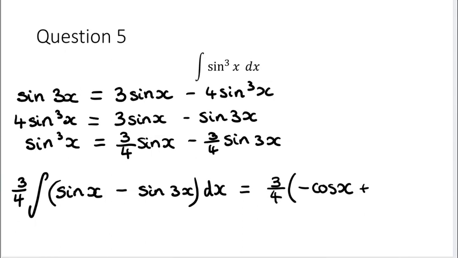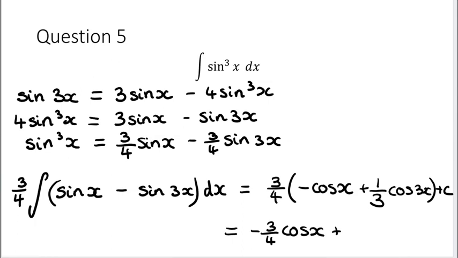But don't forget that the coefficient of x is 3, so you need to divide by 3, or multiply by a third. And don't forget the plus c. And then I'm just going to times out by that 3/4. You don't need to times the c by the 3/4 though, because it is just a constant.